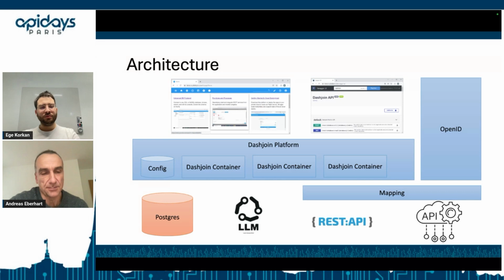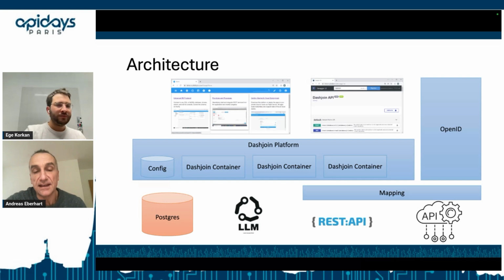On the lower left side, we have the Postgres database that we use to store the thing descriptions. And we also have a large language model, which allows us to interact with the APIs in a more sophisticated way that we'll see in the later part of this talk.